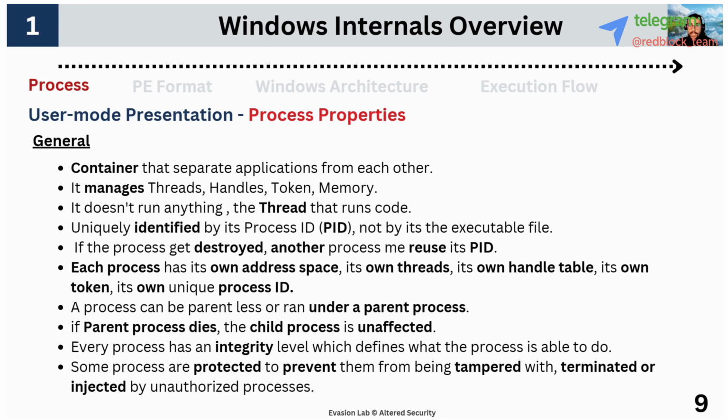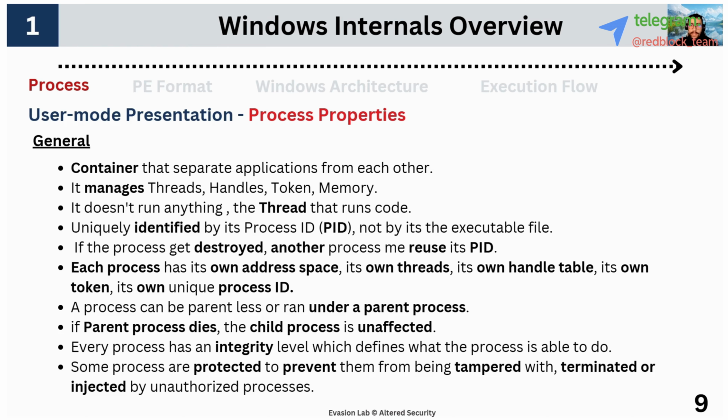A process manages critical system resources, including threads, which are units of execution that run the actual code, and handles, which are references to system objects like files, directories, events, or registry keys. It also manages the token, which is the security identity that defines user privileges and permissions. It also manages memory, which allocates and manages virtual address space.